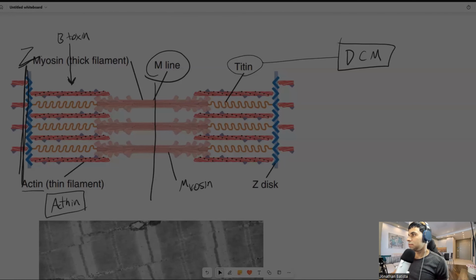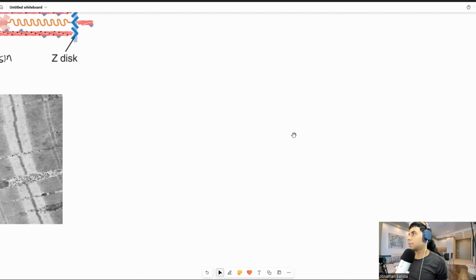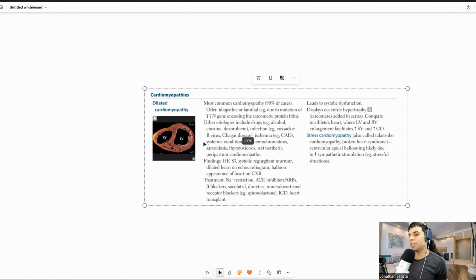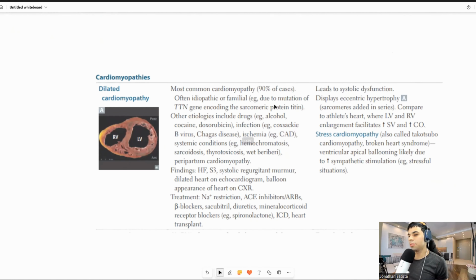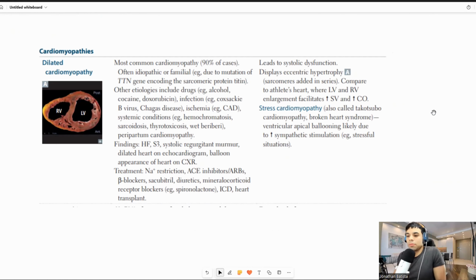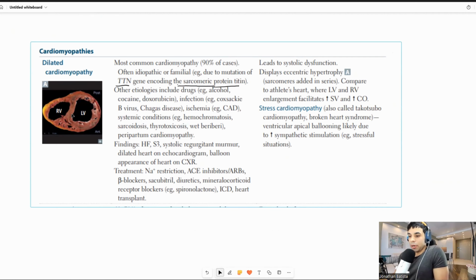I'm going to show you right now. This is page 315 on the newer version. This is what I'm talking to you about, TTN gene, encoding for the sarcomeric protein titin. So yes, if you have a problem with that protein, remember, it can cause a dilated cardiomyopathy.